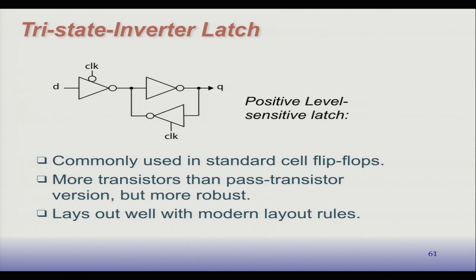Similarly to how we built a multiplexer using transmission gates, and then I showed you how to build one using tri-state buffers, it's a similar thing here. We can build latches with either transmission gates and inverters, or using tri-state buffers. And this is a tri-state buffer version. So there's a tri-state buffer here and one here in the feedback.